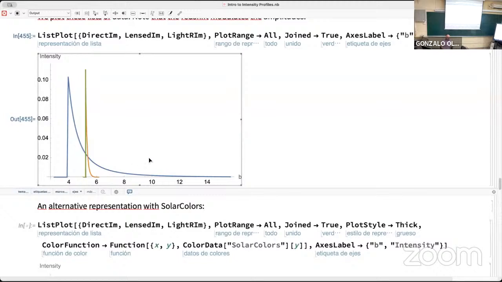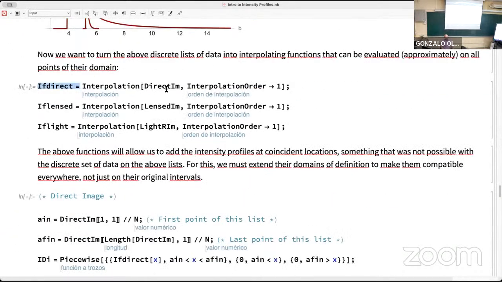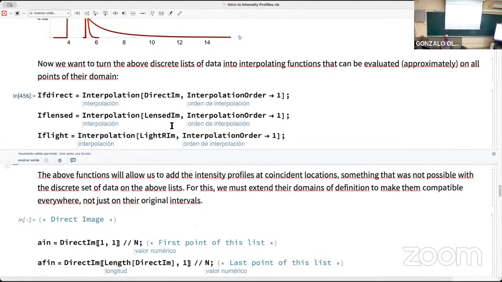Since each point here corresponds to a different radius, we cannot add these intensities with the list of points that we have. This is why we need to construct interpolating functions: for the direct image, for the lens image, and for the photon ring. And then we sum all of them.